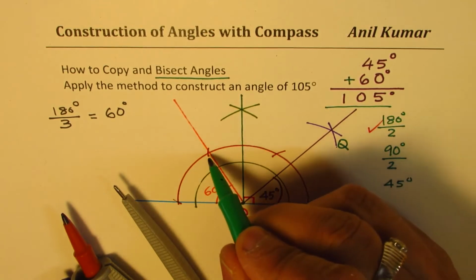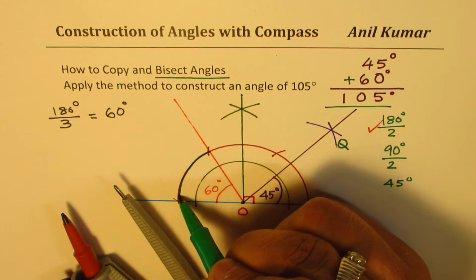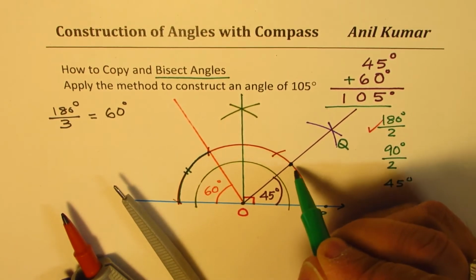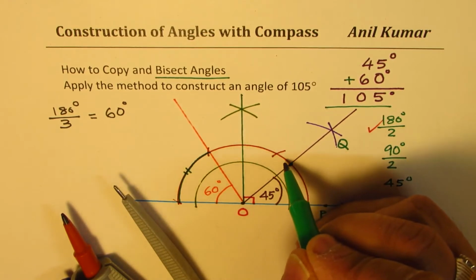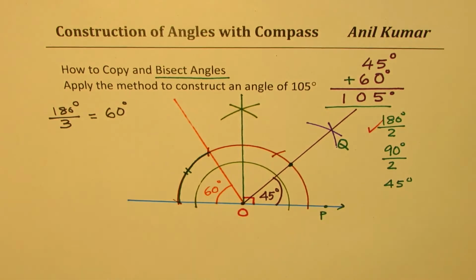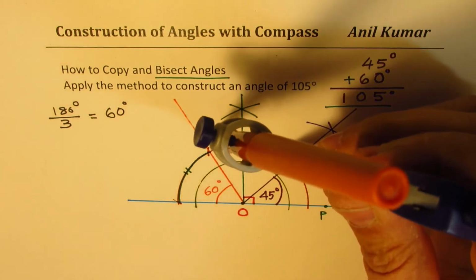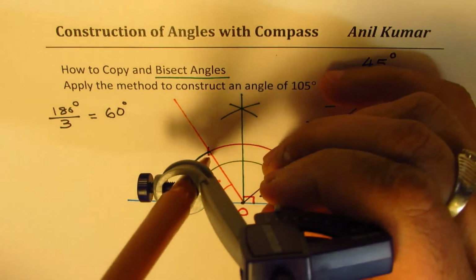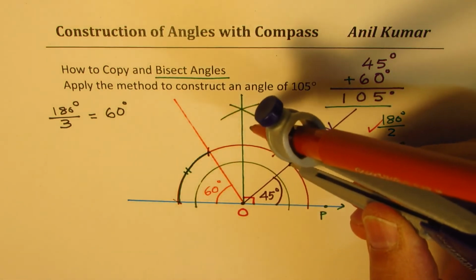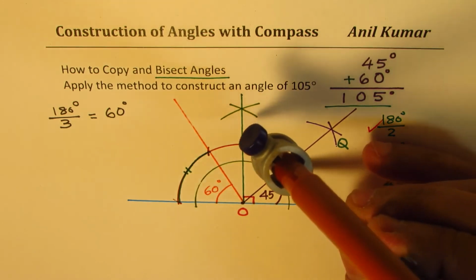So basically, I know this arc length from here to here gives me 60 degrees. So I could actually copy this arc length after that point of 45 degrees. If I do that, then I make 60 over 45 line. Do you get the concept? With the same length, which is defining 60 degrees, I'm using the same arc length, but I'm putting it on my terminal arm for 45 degrees.